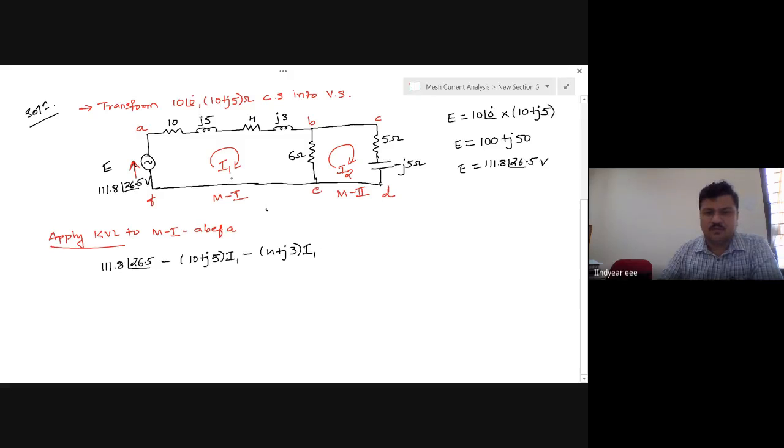Now I am in mesh 1. 6 ohm is common between mesh 1 and mesh 2, so it will be minus 6 into (I1 minus I2) equals 0.